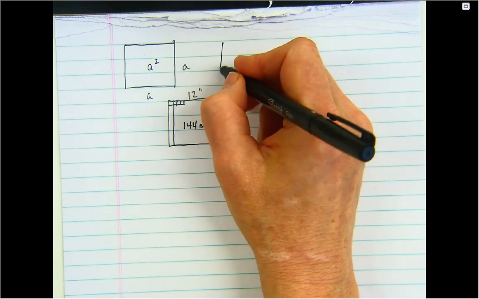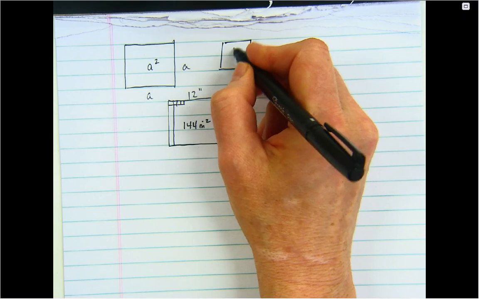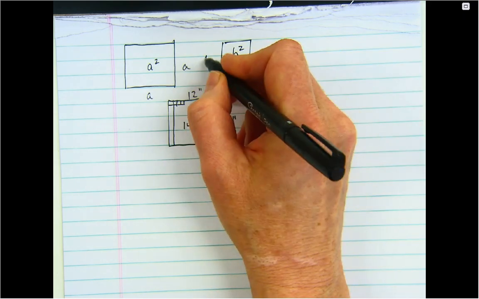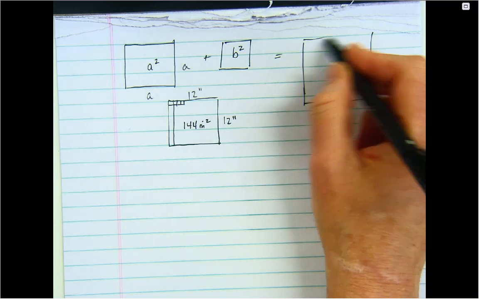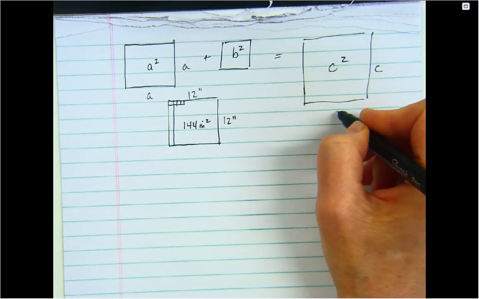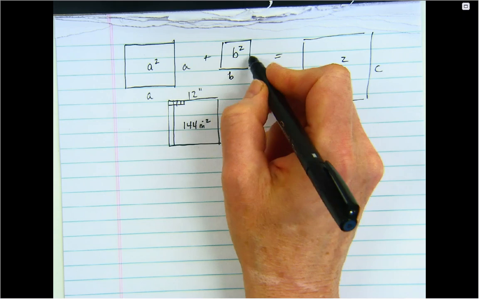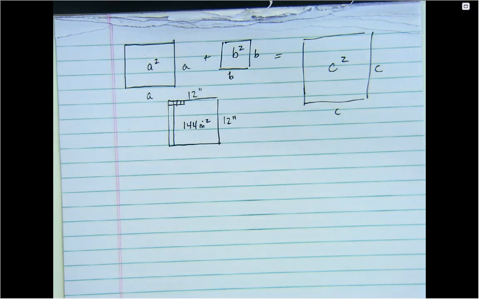So when the Pythagoreans were saying a squared plus b squared equals c squared, they meant that there's a larger square, c by c, whose area is equivalent to 2 smaller squares, a by a and b by b, that are added together for a right triangle.